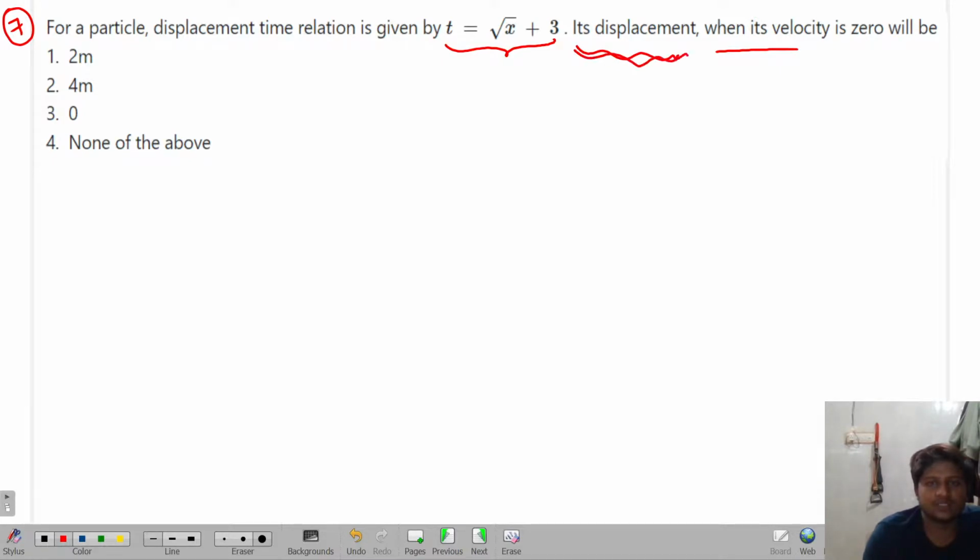You have to calculate the displacement when its velocity is going to be 0. Think about this question.